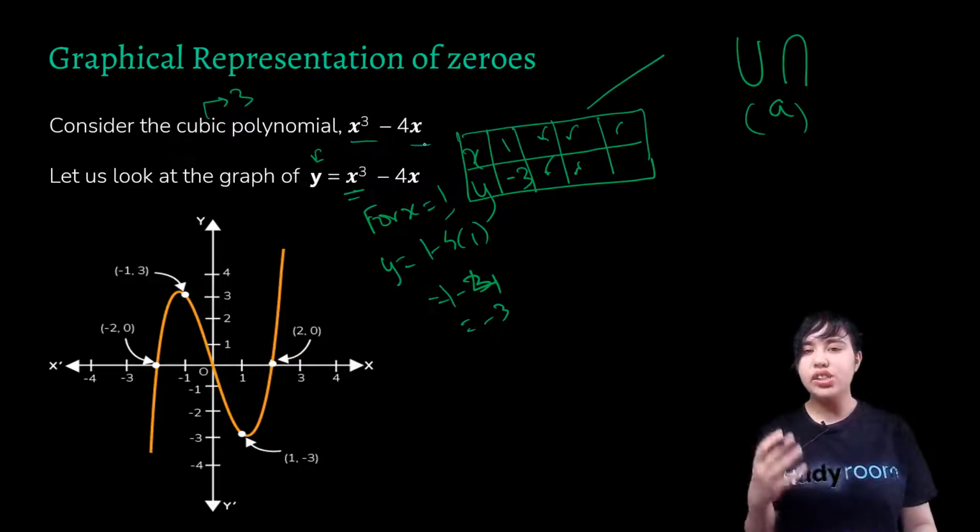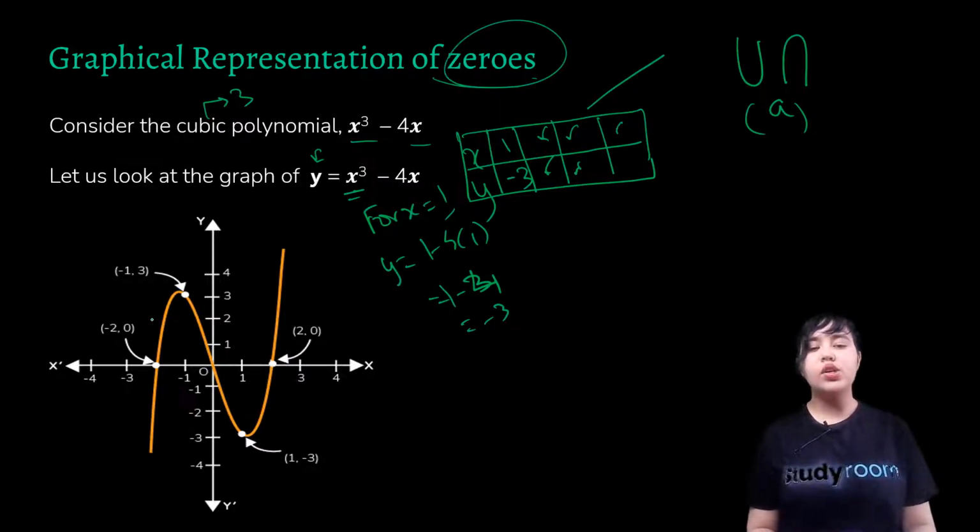But what is of interest to us is finding out the zeros. So again, how do you find the zeros? You look for the points where the curve is going to intersect the x-axis. So this is 1 point, minus 2 comma 0. Then this is another point, 0 comma 0. And this is the third point, 2 comma 0.